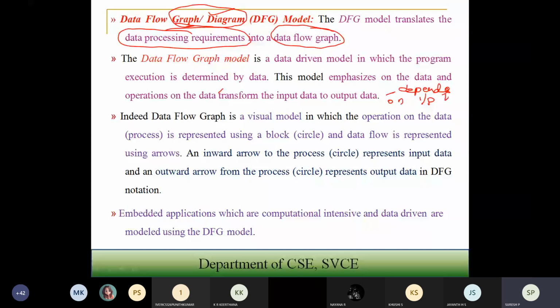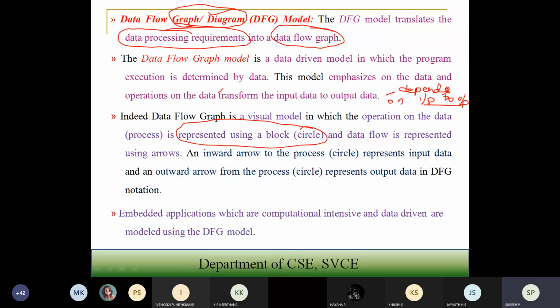Indeed, the data flow graph model is a visual model in which the operations on the data are represented using a block or circle. The operation you are going to perform on the data will be represented by the circle. The data flow is represented using arrows, as you already know from flow charts. There will be a number of blocks depending upon the type of operations you perform.